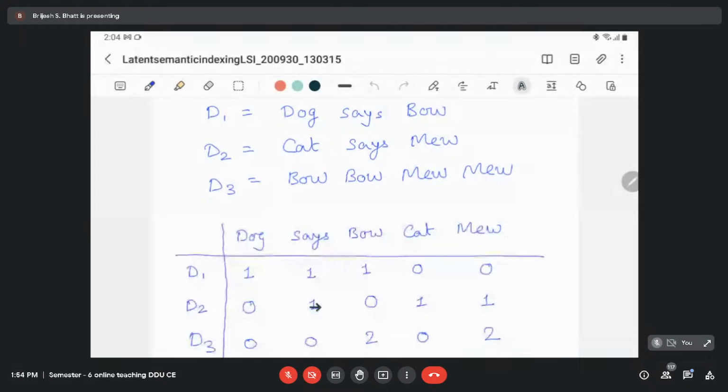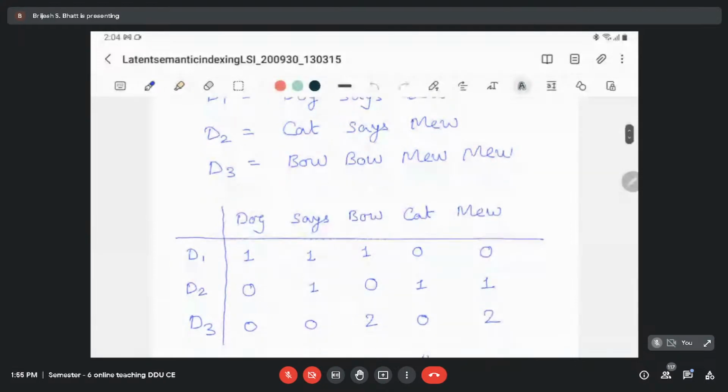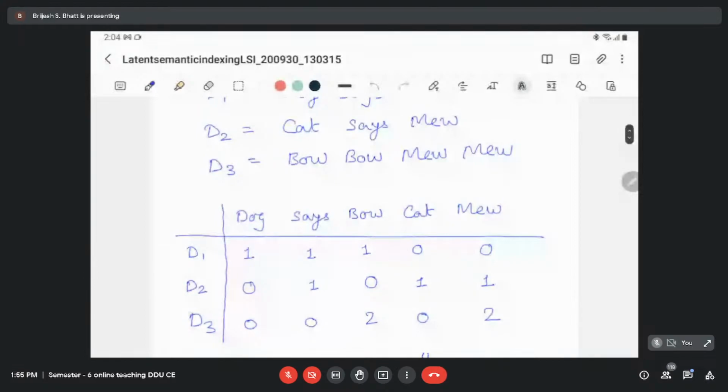That is cat says meow. Document 3 is bow bow meow meow. So 0022. Bow occurs twice and meow occurs twice. The dog, cat, and says do not occur in the document. So this is the word document vector. And we have used just raw frequency to rate the importance of a word in the document.